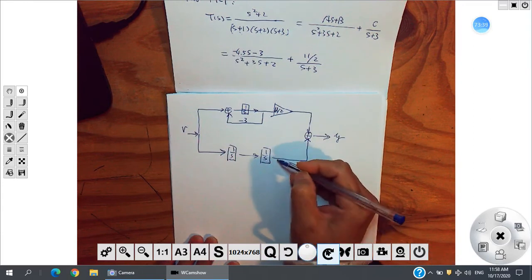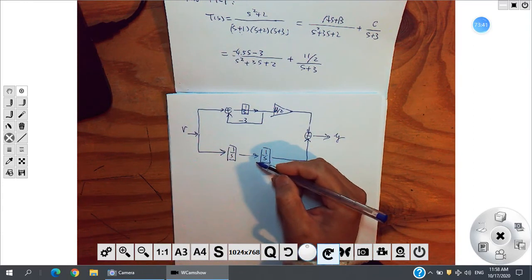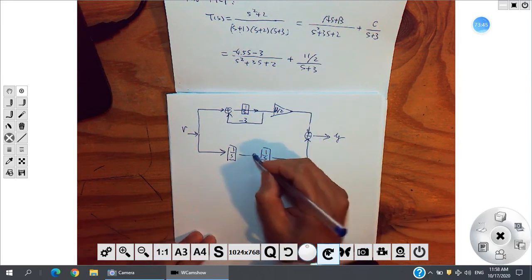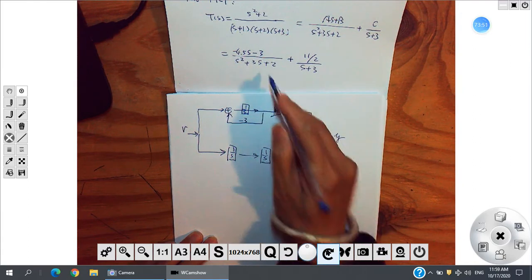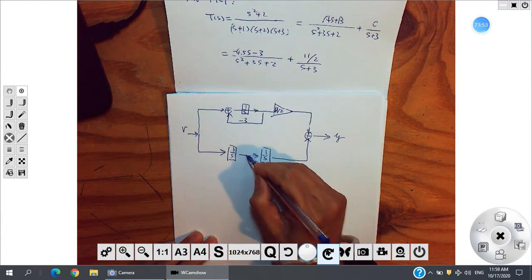And you can use the controllable canonic form or observable canonic form. Suppose I use controllable canonic form. I have 2 of these, and I have 2 forward paths, so one is these, another is these.